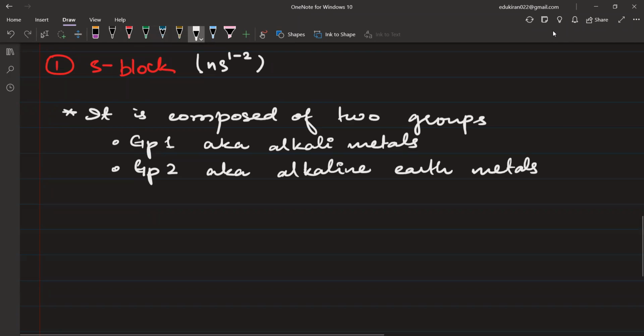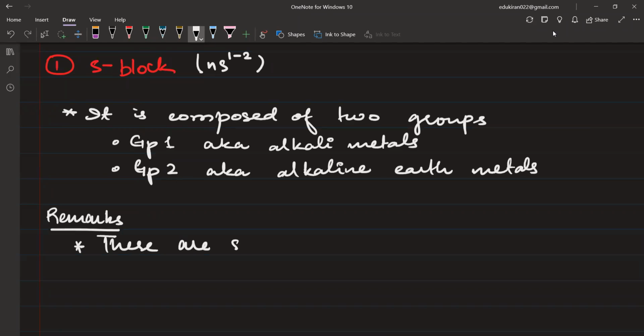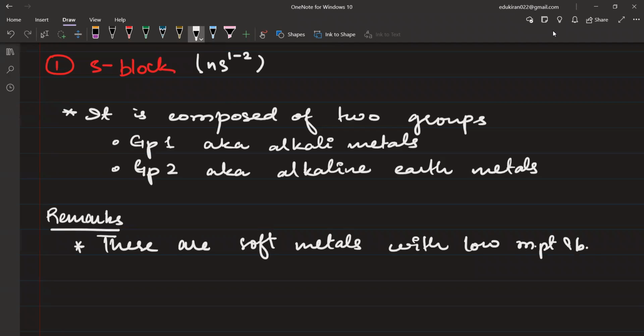Write some remarks. Number 1: these are soft metals with low melting and boiling points. Next point: they have low ionization enthalpy.